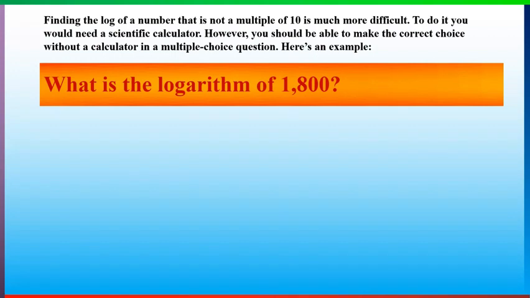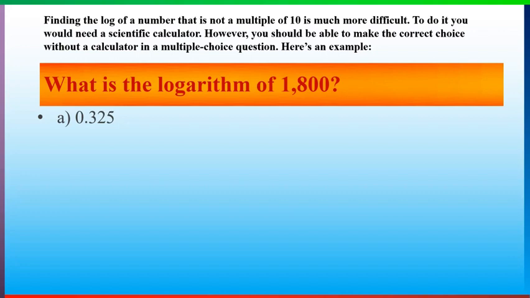You can see 1800 is the combination of 1000 and 800. The log of 1000 is 3. Any number that falls between 1000 and 10,000 will have a log of 3 point something.